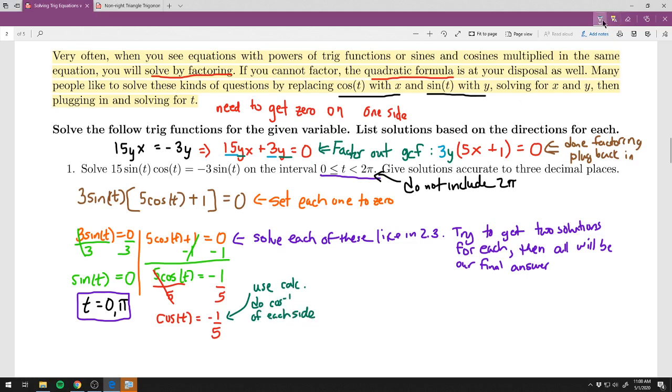And we know from past experience solving questions like this, there's going to be two answers. We might as well point out what quadrants cosine is negative in. Cosine is negative in quadrants 2 and 3.